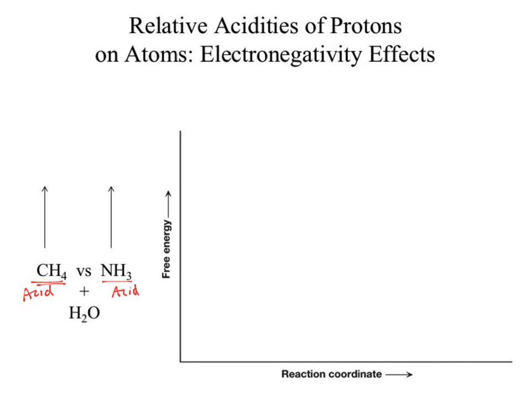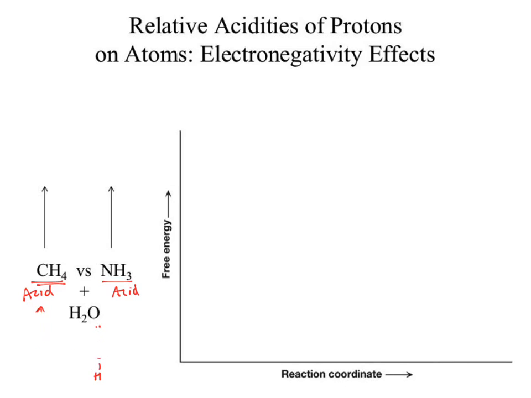Fair enough. I can accept you reading the slide. It says we're comparing acidities. Try again. Give me more. For methane to act as a base, what does it need to have? Anybody see any electrons on the methane? No. Methane can't act as a base. Okay.